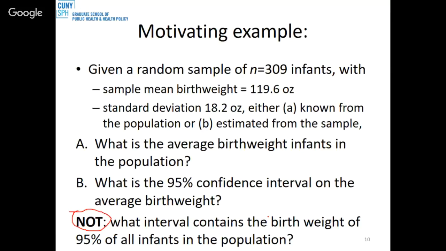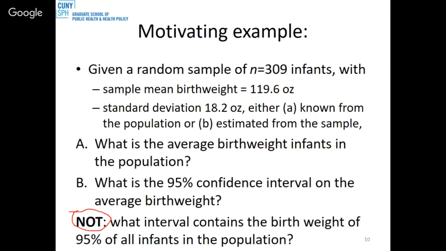Yeah. So from your first few classes, you would have learned how, given this mean and this standard deviation, to calculate. You know that 95% of the probability of the z distribution lies between minus 1.96 and 1.96. You could have converted that into weights.